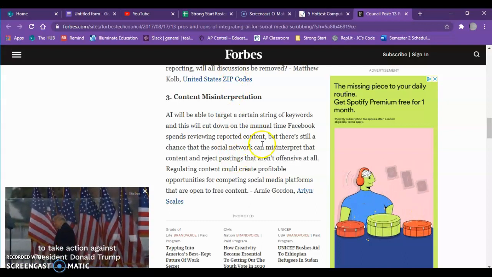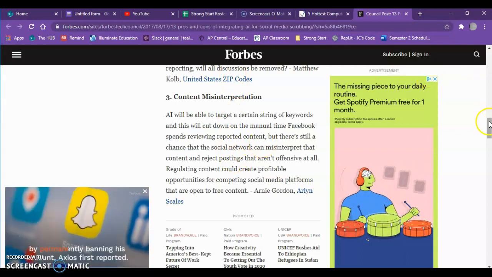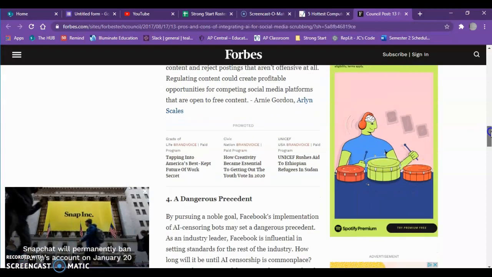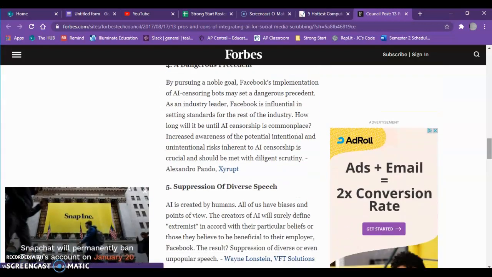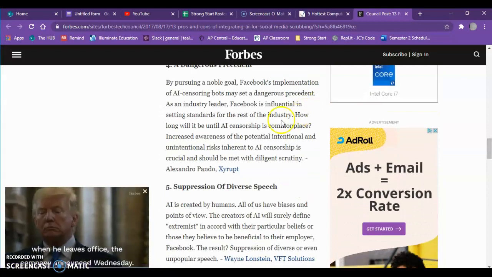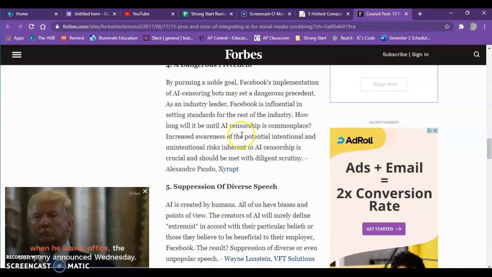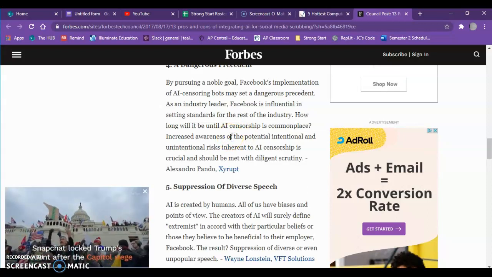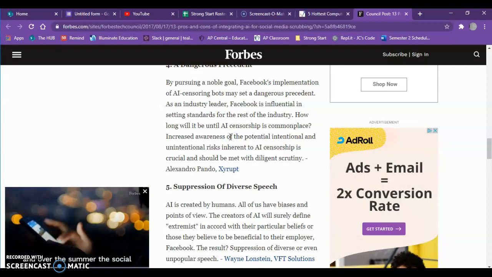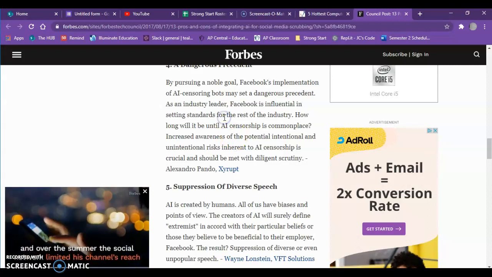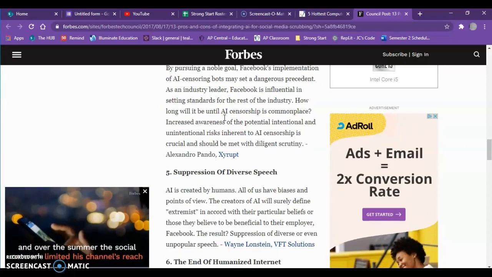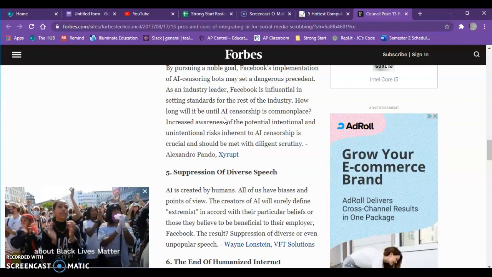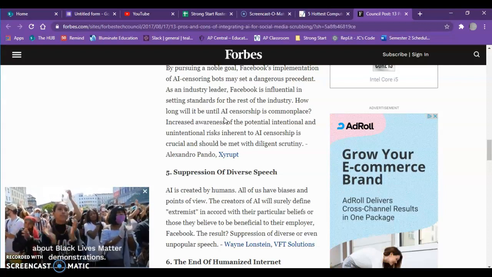Content misinterpretation. So sometimes you might be like, gosh, I would kill for a horse, and Facebook's like, oh, you used the word kill, blocked, flagged, marked as spam. When it says dangerous precedent, it's like, all right, well, how can we make sure that we are limiting things correctly? This is kind of similar to how I want to be very careful how I say this.